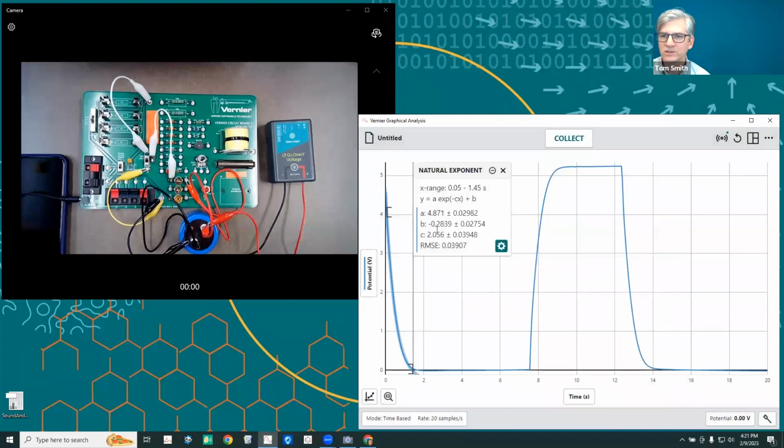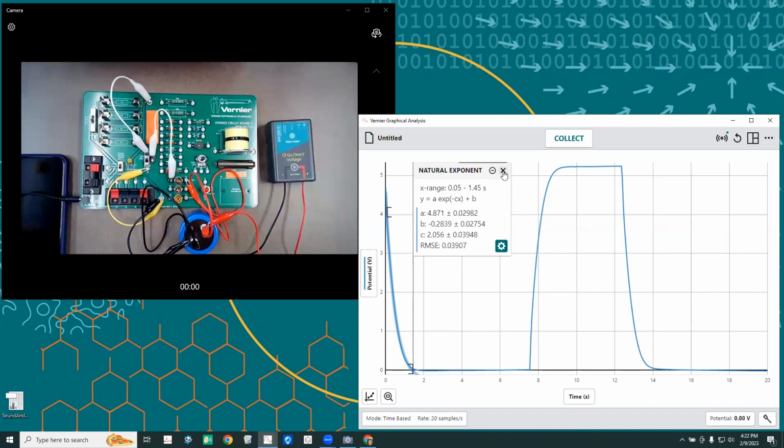So this lets us take that C value, the inverse of the time constant, and look at how closely that decay equation fits for that particular parameter, in addition to the root mean square error that's provided for the entire fit. So it gives a little bit of confidence about how good that fit is relative to the time constant factor.